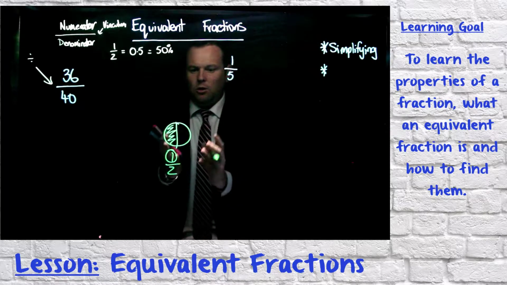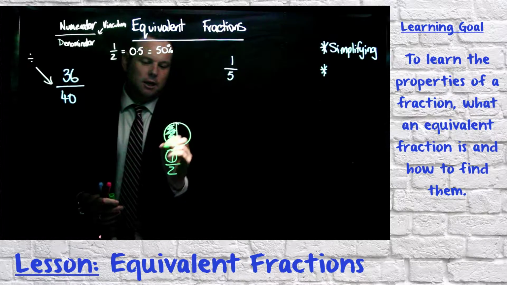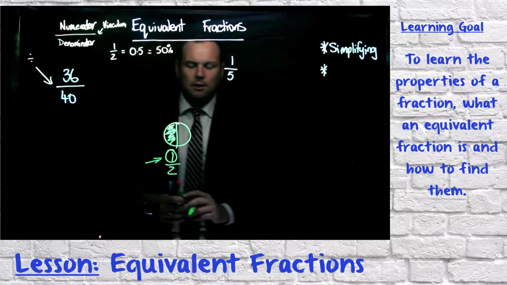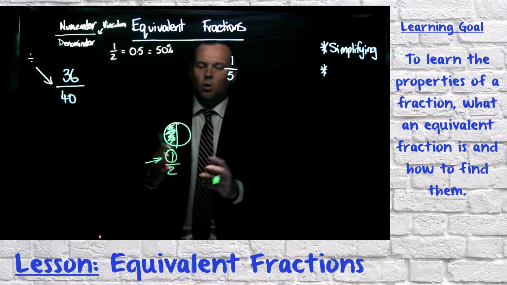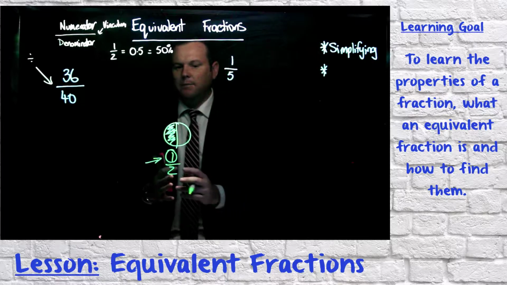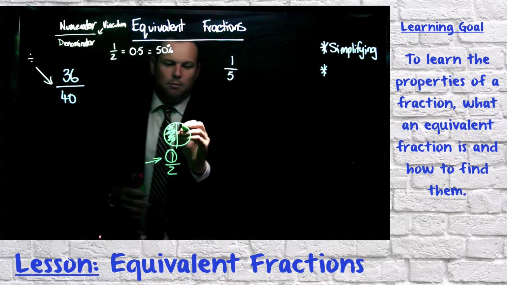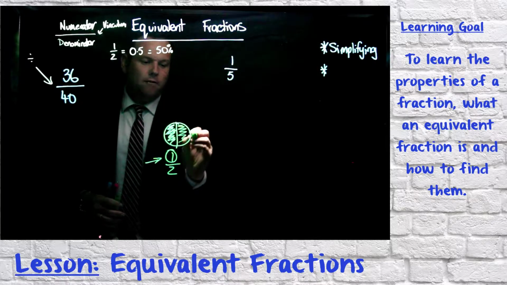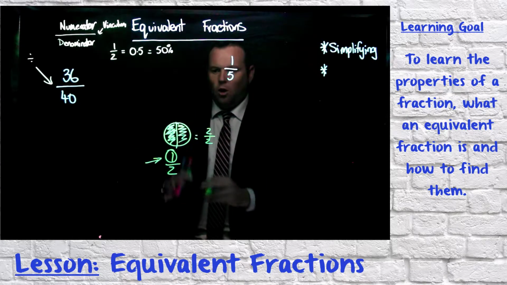At the moment it looks like a pie or a pizza, and we have half of that. So the numerator is what we have, and the denominator is how big the container is, or how many parts of the container it takes to fill up the whole thing. So if we had both parts, we would have one whole, which in this instance would be 2 over 2.